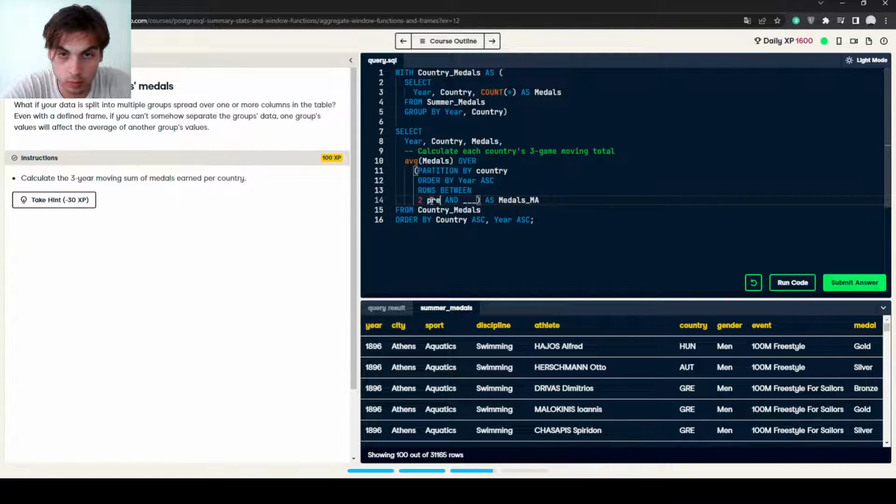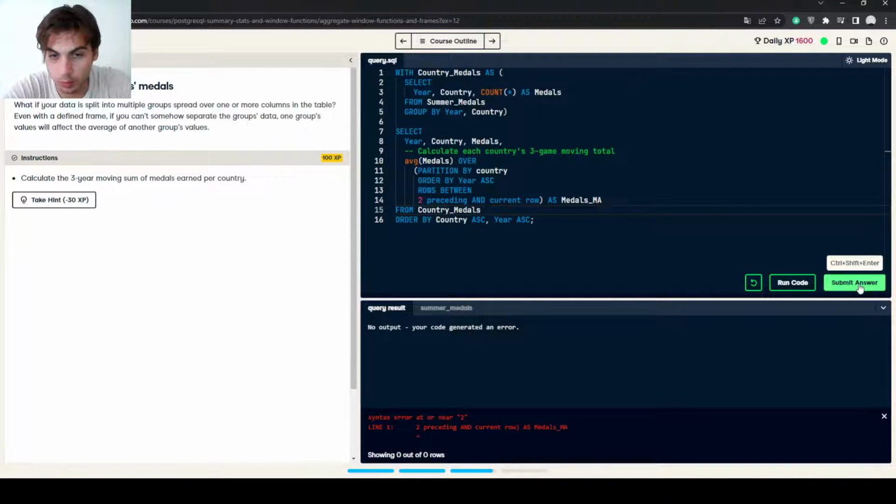To preceding current row. Вот, блять, опять нихуя не читает.